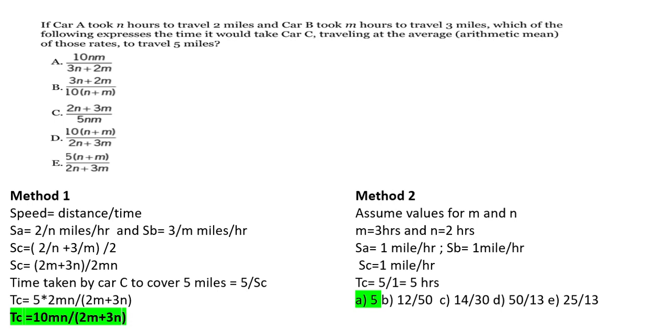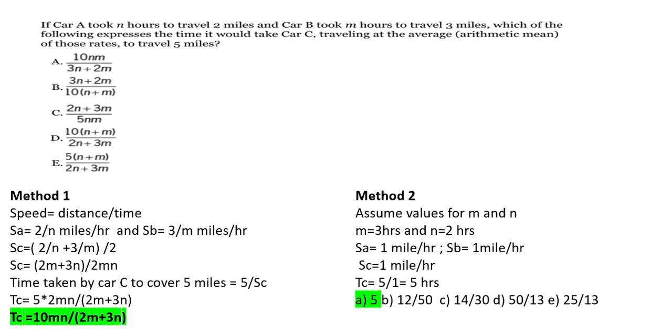So I've taken those values as m is equal to 3 hours and n is equal to 2 hours, but you're free to take your own values here. As mentioned, the speed of A will be 1 mile per hour and the speed of B will be 1 mile per hour if I plug in m is 3 and n is 2.